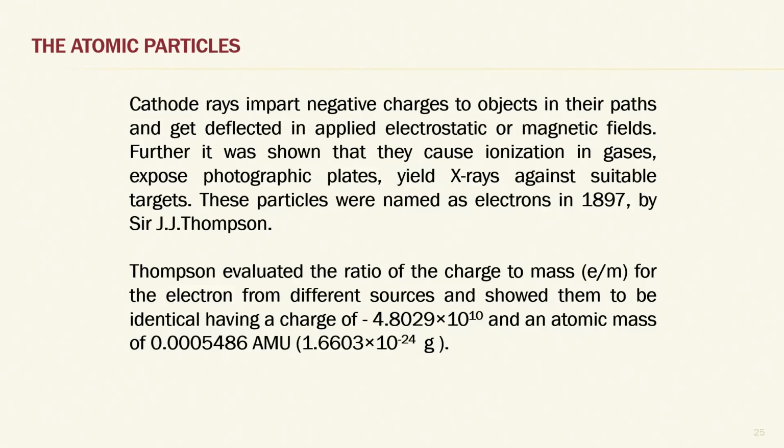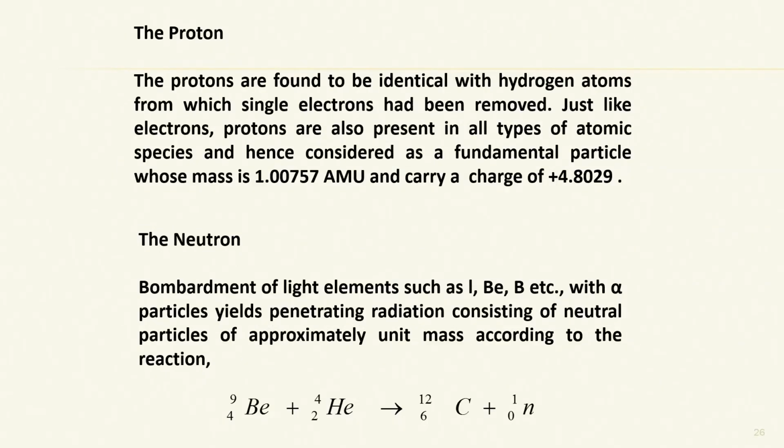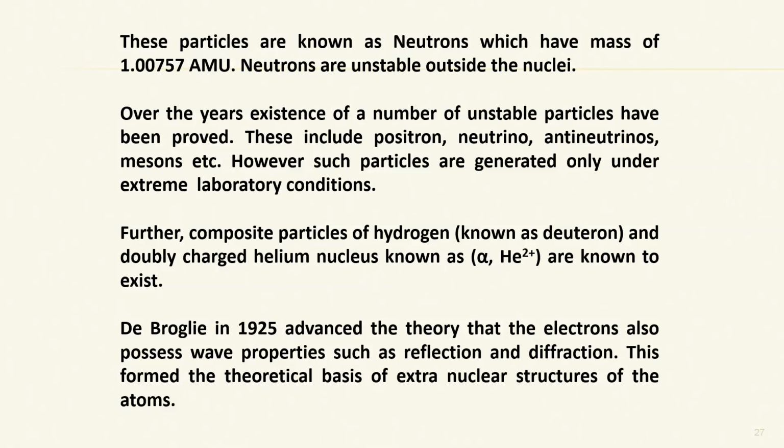So, cathode rays, this I have already shown now, next one I should show you, yes. So, the neutrons produced by the reaction of beryllium with helium to give you carbon and neutron are known as neutrons. They have a mass of 1.00757 AMU. Neutrons are unstable outside the nuclei, that we should remember.